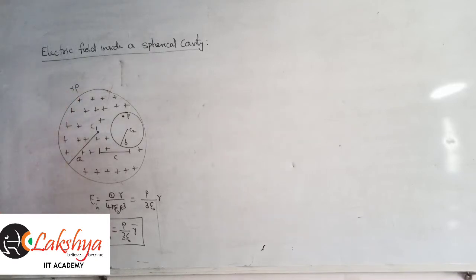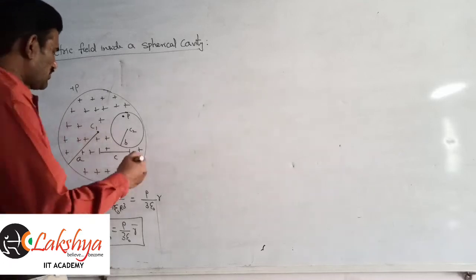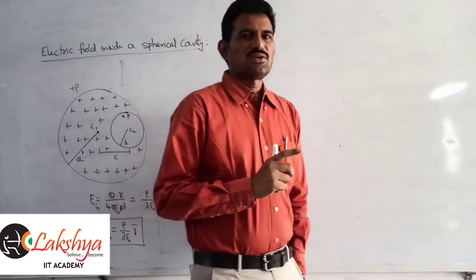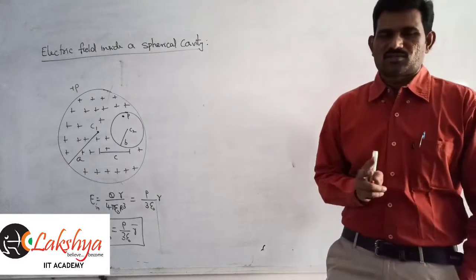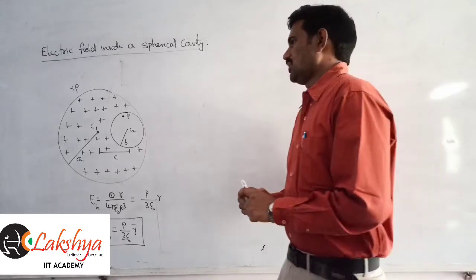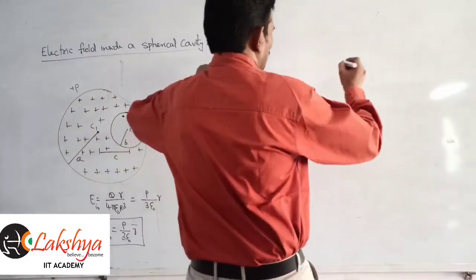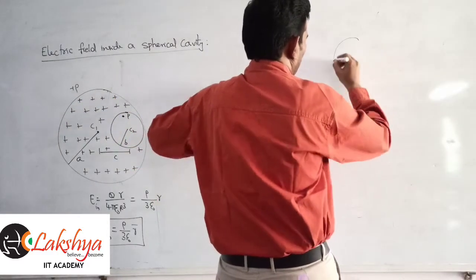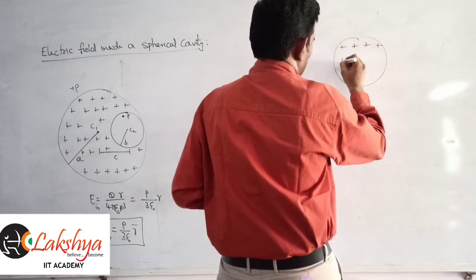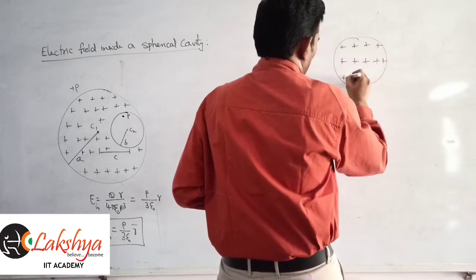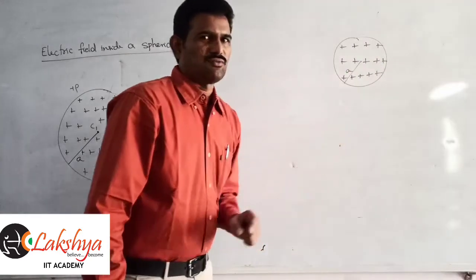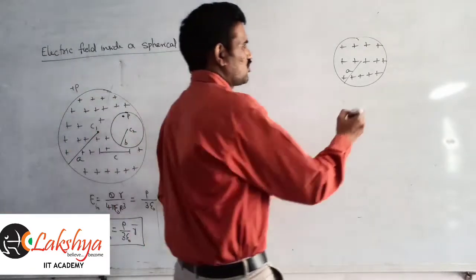Now let us come to this calculation. We can solve it in two different ways. One approach is to consider this as a total sphere without any cavity, a sphere of radius a. Next, instead of the cavity, we assume an opposite charge density.